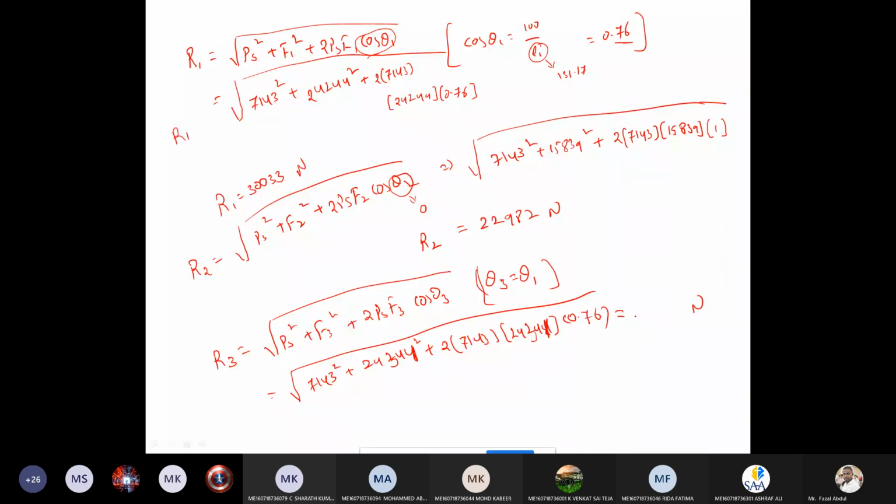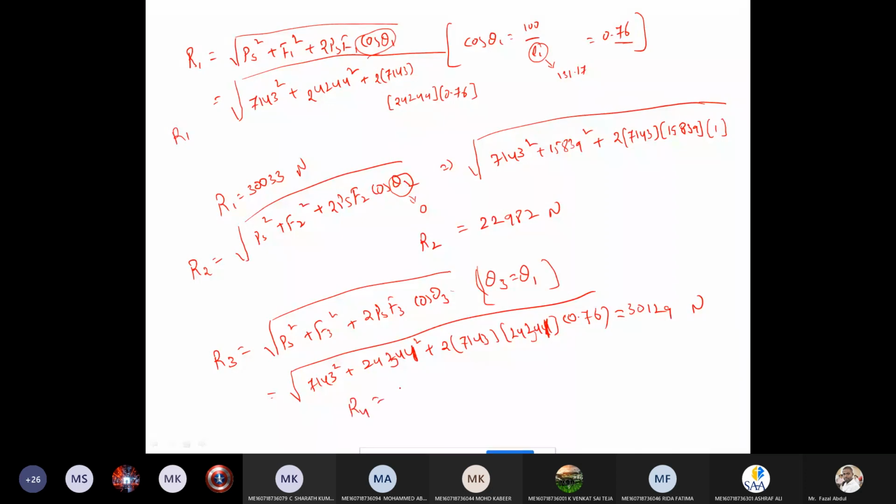R3 value, how much? Three zero one 30129 newtons.